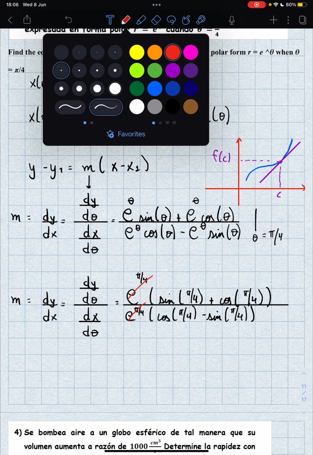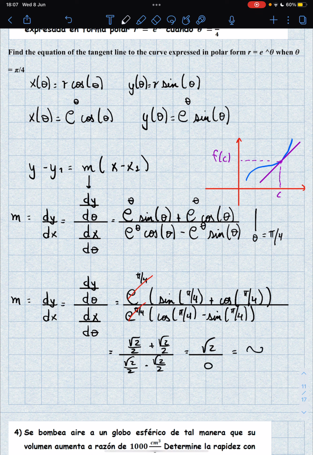And I ask you, what is that? Here I'm going to have root 2, but here I have 0. What is this? This is infinite.